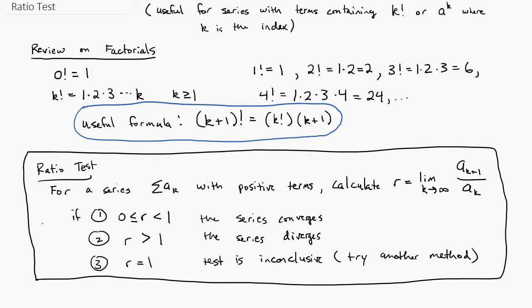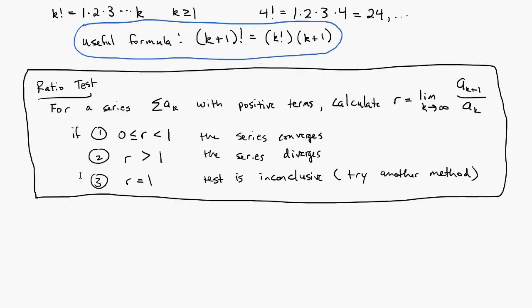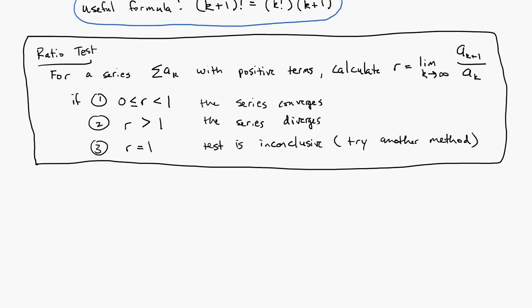Okay, so let's look at some examples where we can apply the ratio test. Suppose we have the sum k equals 1 to infinity of 2 to the k over k factorial. You can see here that this contains k factorial, so we're going to try the ratio test.